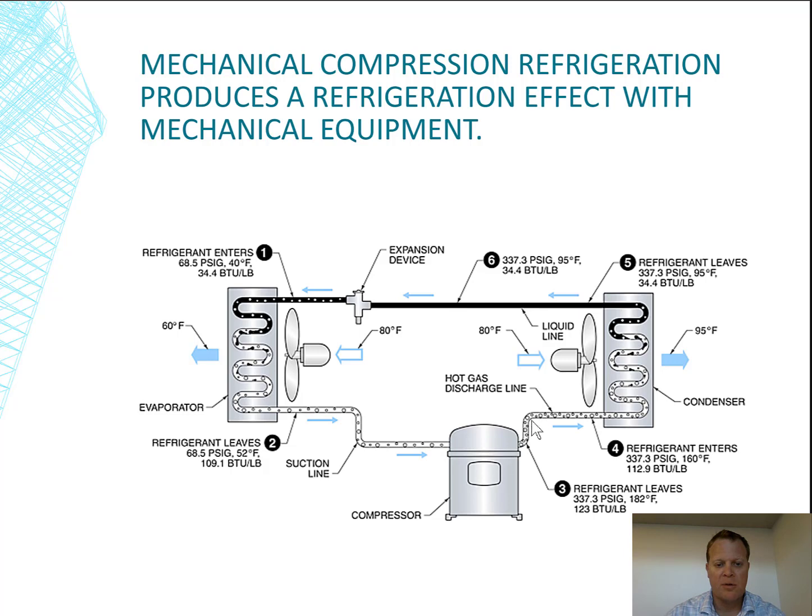The compressor is compressing the refrigerant gas. The refrigerant gas is turning into a liquid because it is being cooled off, and it's under high pressure, so it's hot. In this case, 160 degrees. As it starts to condense and cool off, it's turning into a liquid at 95 degrees.